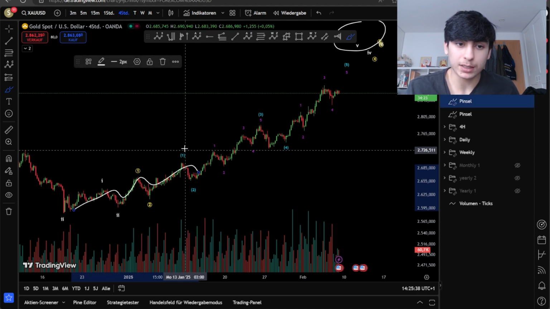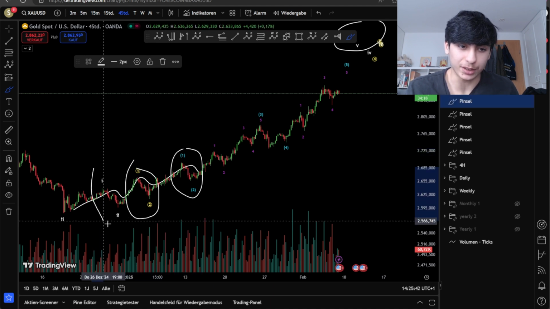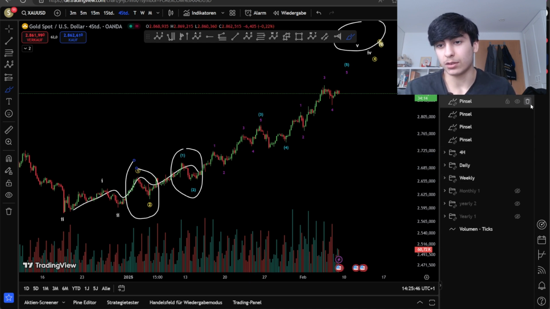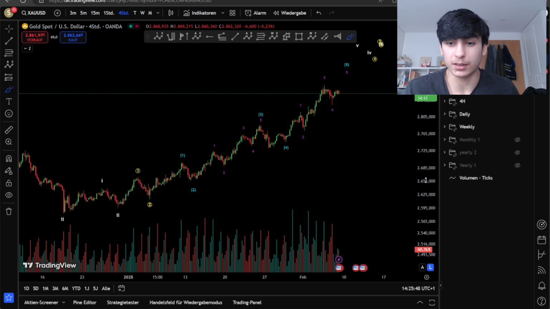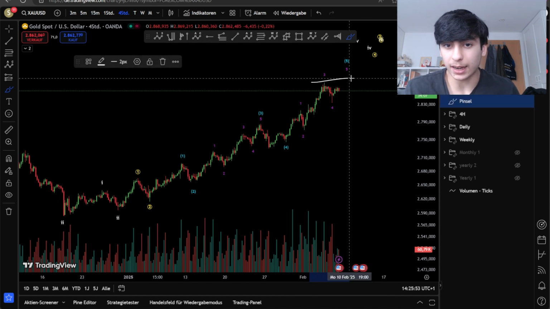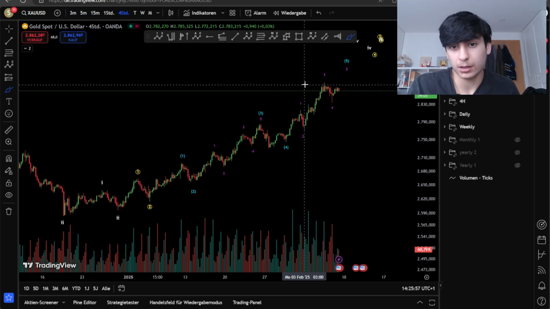Right now, we are still working on the blue structure, so we need to finish the yellow structure and the white structure, and we're still far away from that. So we have still more bullishness to come. And in general, this high here is highly likely to be broken.